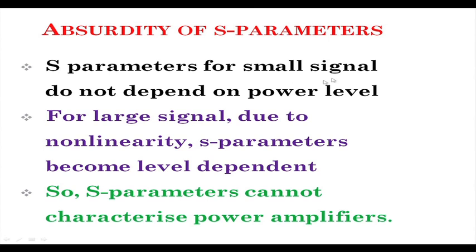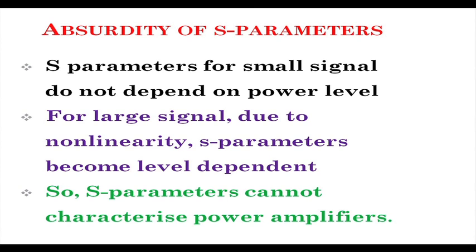Because S parameters for small signal do not depend on power level. There we have seen that we take the ratio of reflected and incident voltages. But for large signal, due to nonlinearity, S parameters also become level dependent. We have already seen they are frequency dependent, and bias dependent. At large signal they are highly signal dependent.